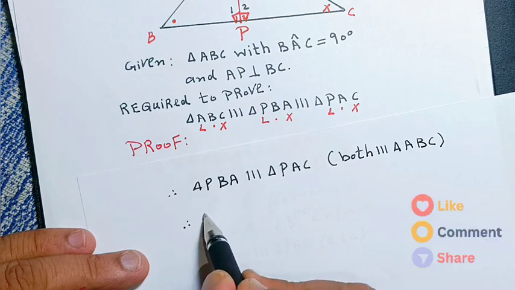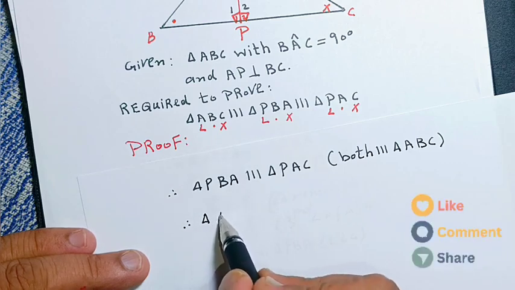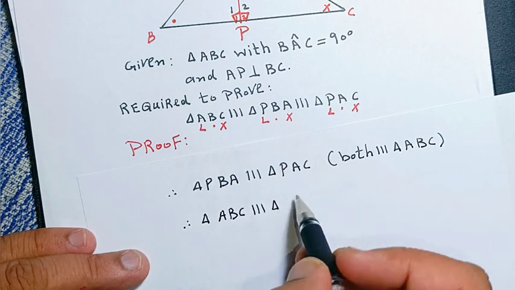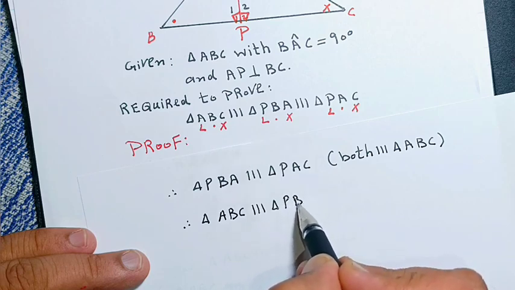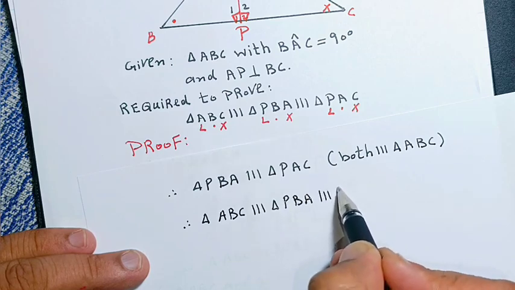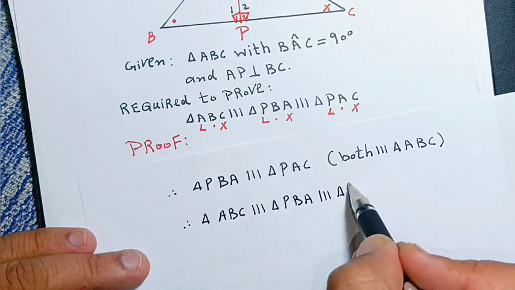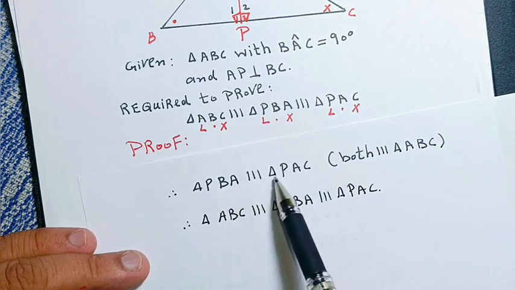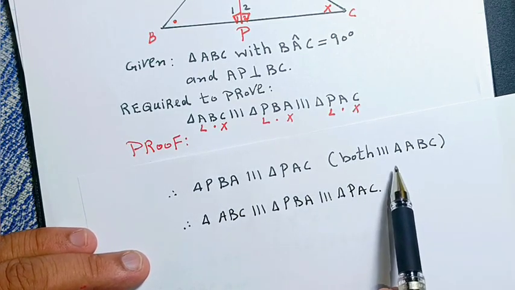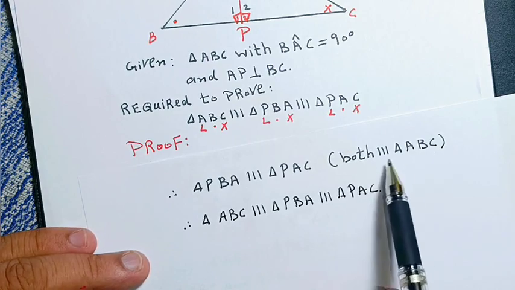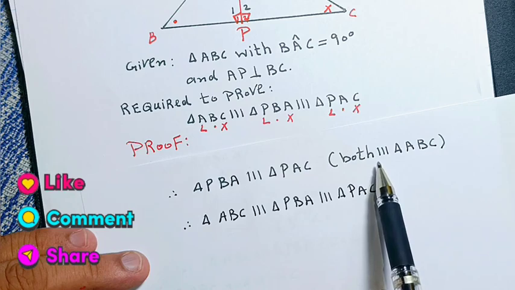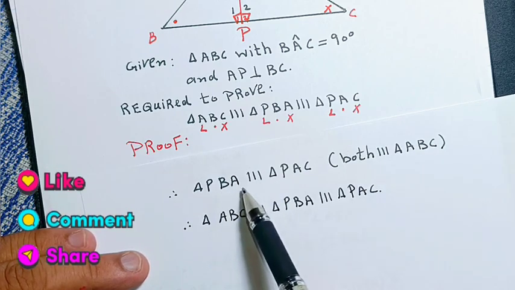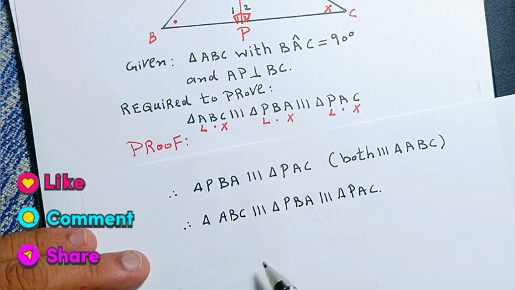Therefore I can now say triangle ABC is similar to triangle PBA, which is similar to triangle PAC. We proved it. Remember, we proved both these triangles are similar to triangle ABC. So if they are both similar to triangle ABC, it means these two triangles are also similar to each other.